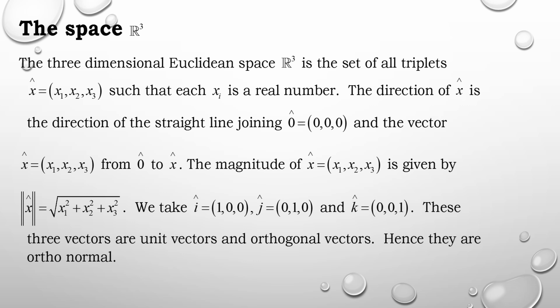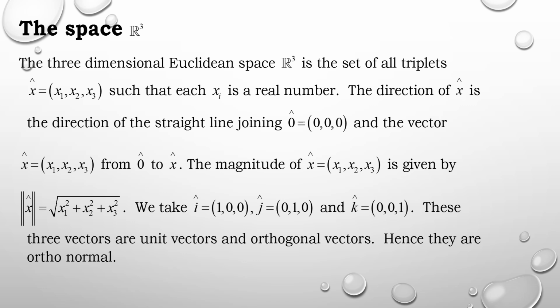The magnitude or length of this x cap is norm x cap equals square root of x1 square plus x2 square plus x3 square. This is called norm of x cap or length of x cap or the magnitude of the vector x cap. So we have assigned a direction and a magnitude to this point x cap. So it's a vector. Thus, each point in R3, each point in the three-dimensional space is a vector.